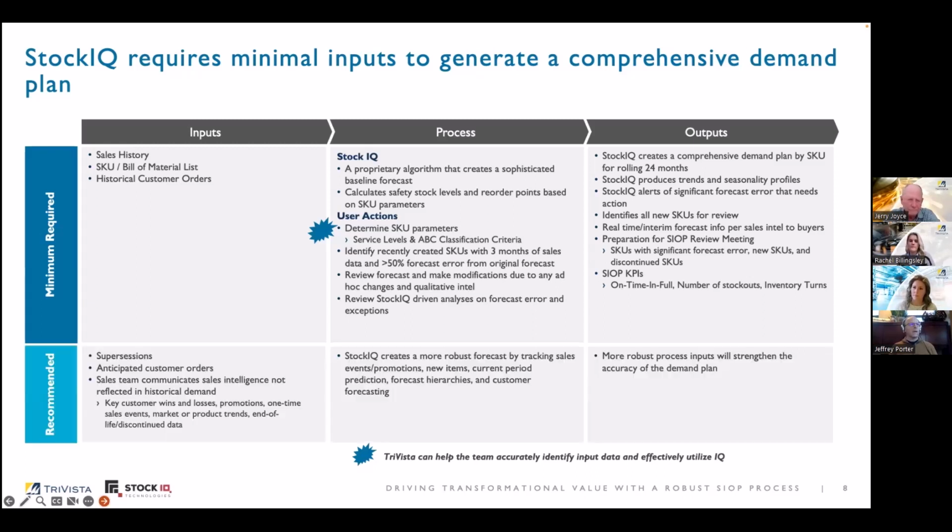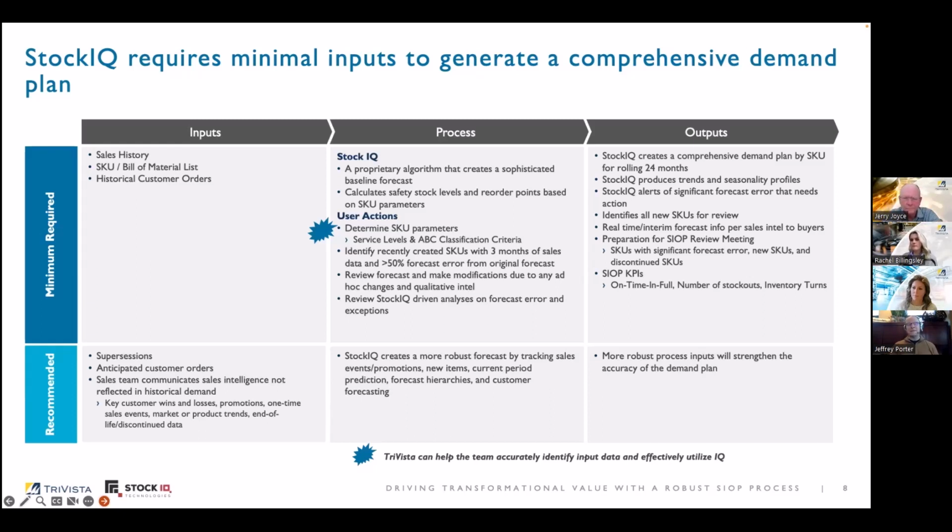Rachel, thank you for really highlighting that base input because it's relatively simple. ERPs contain this data, your BOMs, your sales history, historical customer orders. What we're really talking about doing when we get into a robust process is including additional inputs that might include supersessions, anticipated customer orders, insight that's coming from outside of history that might be contained in the organization.